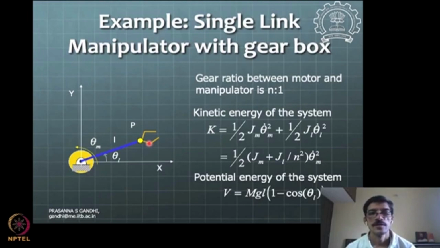You may have multiple links for a robot, of course, but we are considering now the simplest form of a robotic manipulator. The kinetic energy for this system can be written in terms of the inertia of the motor side, Jm theta m dot square, and then you have the inertia of the load coming up here, which is now hinged here.